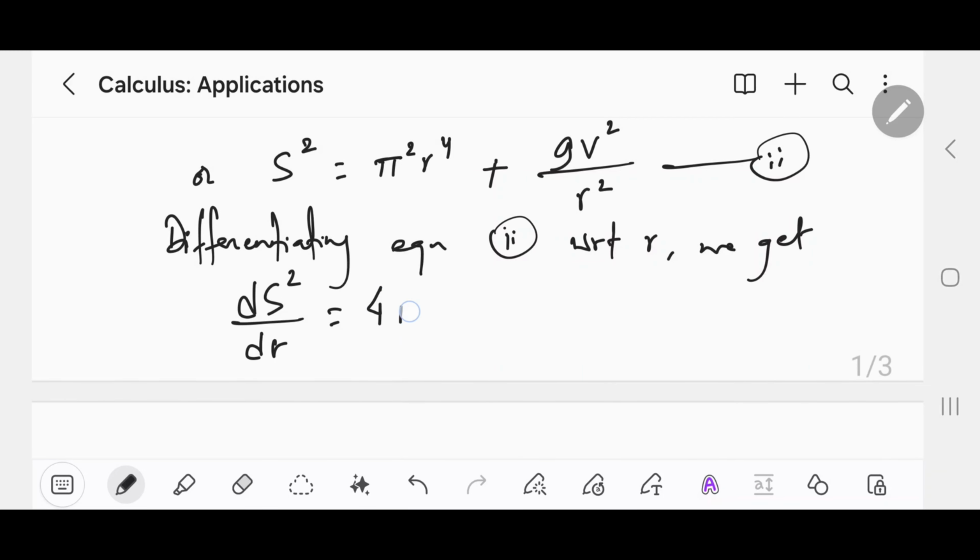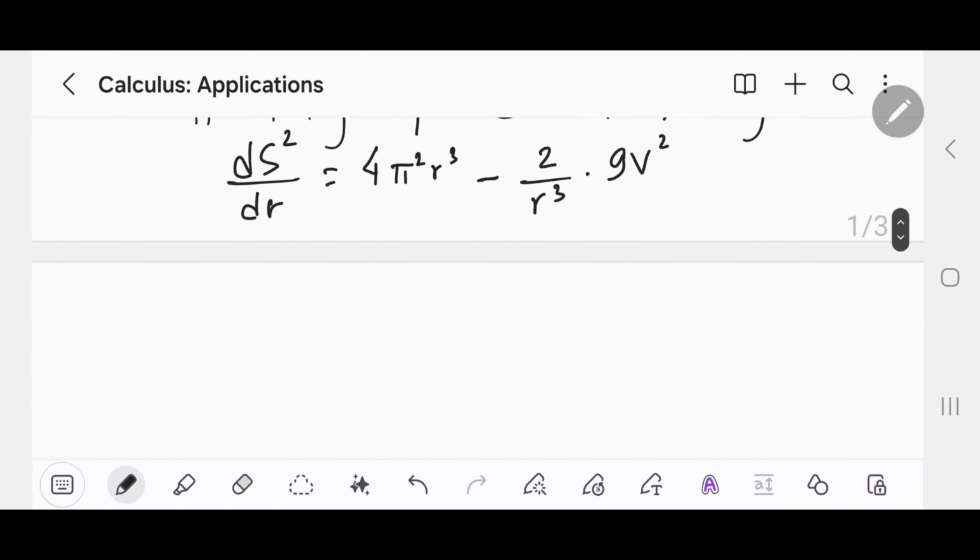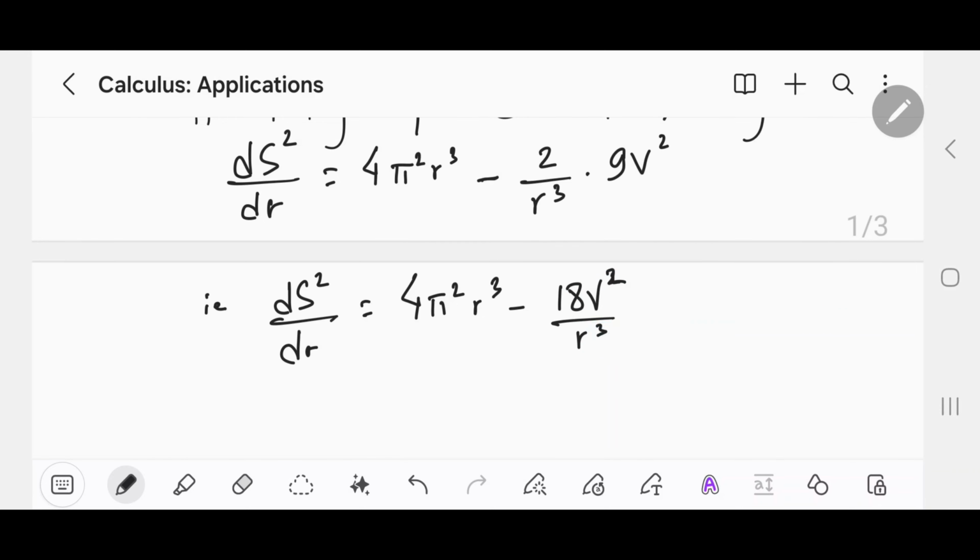So 4 pi square r cube, and 1 by r square derivative will be minus 2 by r cube into 9V square. That is dS square by dr equals 4 pi square r cube minus 18V square by r cube. Let this be equation third.